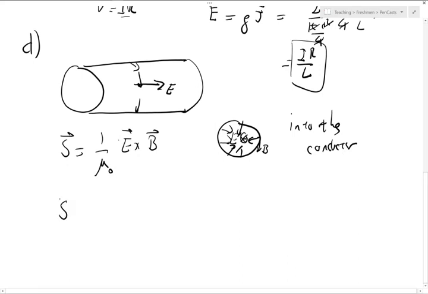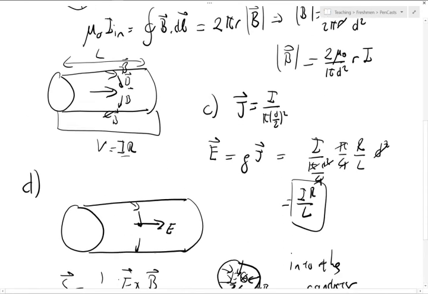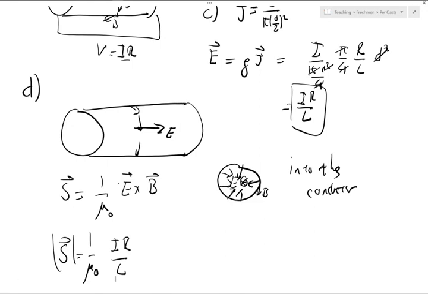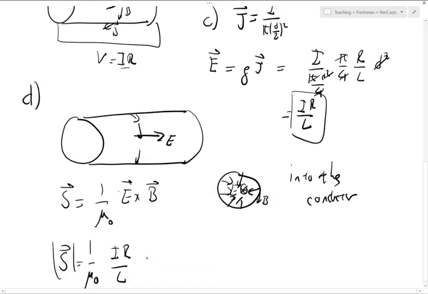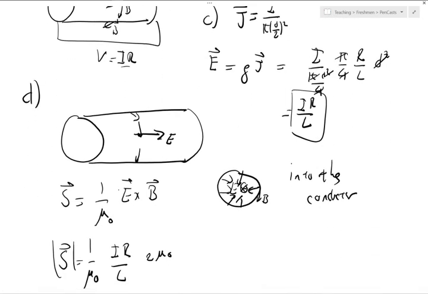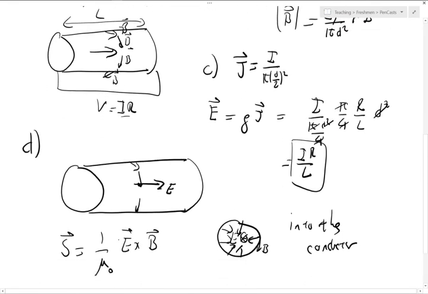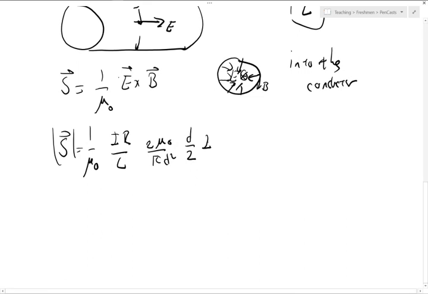How about the magnitude? S magnitude is 1 over mu 0. E is I R over L. B at the center, I'm sorry, at the surface is 2 mu 0 over pi d squared times r, where r is d over 2 at the surface, times I. The 2 mu zeros cancel.